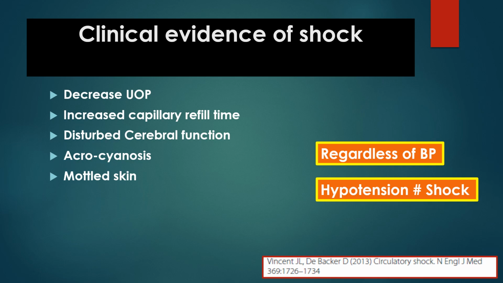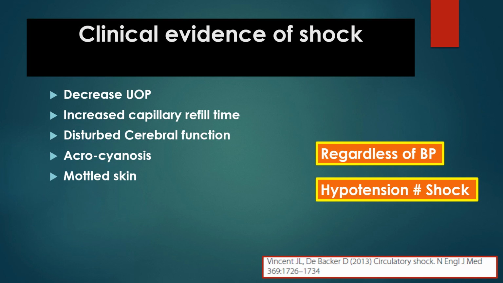Then there is disturbed level of consciousness, where the whole cerebral function may be involved: confusion, disturbed consciousness, coma, and many other cerebral issues due to cerebral hypoperfusion. Also acrocyanosis and motor dyskinesia.